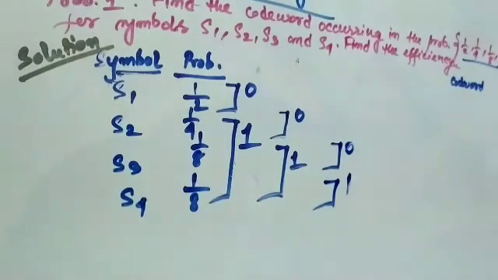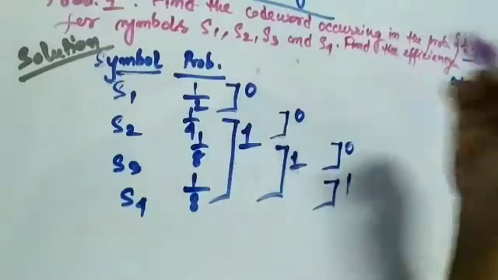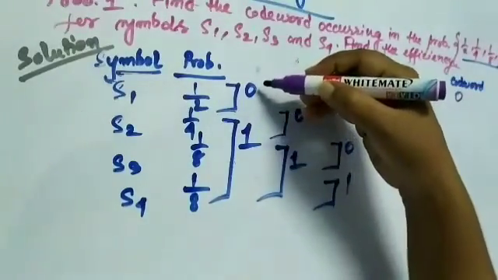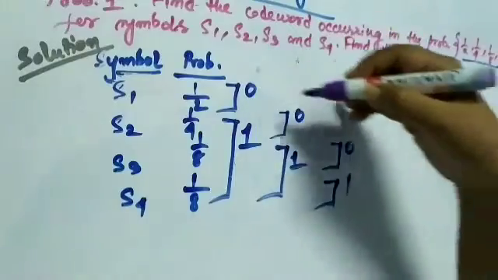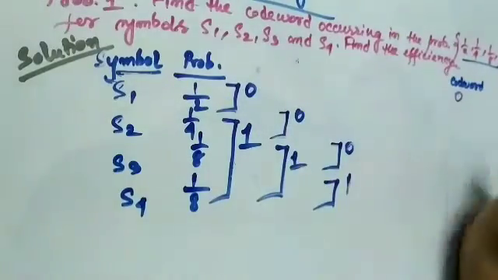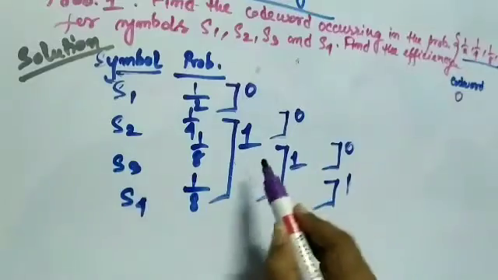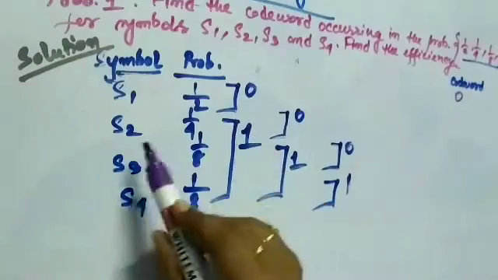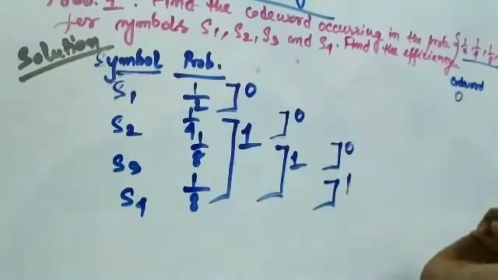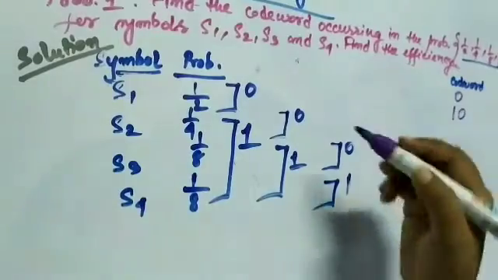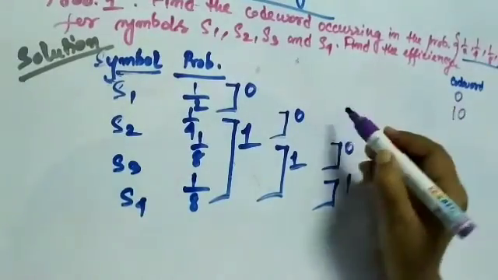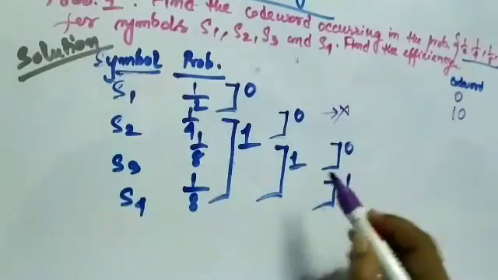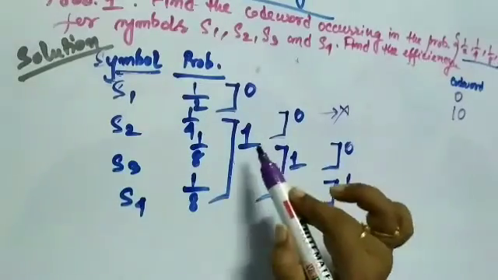So our final code word will be: this is 0 because it has only one set and no further division under this set, therefore we denote it as 0. In this case it has 3 divisions. So it is written as 1 for S2, 1, 0, because after 0 there is no subdivision, so we stop here, coding as 1, 0.